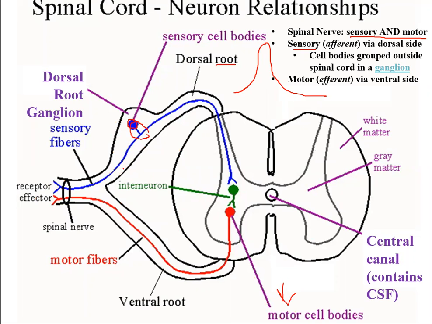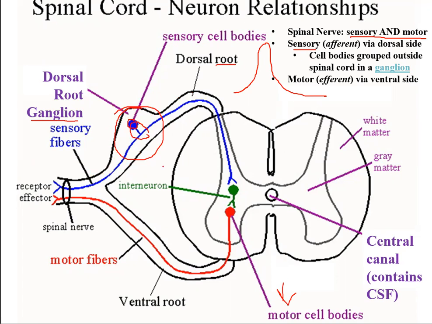All of the neuron cell bodies of the sensory neurons are grouped together, kind of protected within the spine. Along the nice smooth nerve, there is this bulbous structure right here. This is a group of neuron cell bodies called a ganglion. In general, a ganglion is a group of neuron cell bodies.